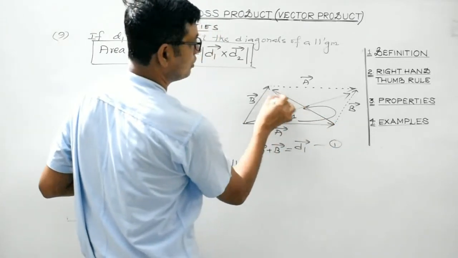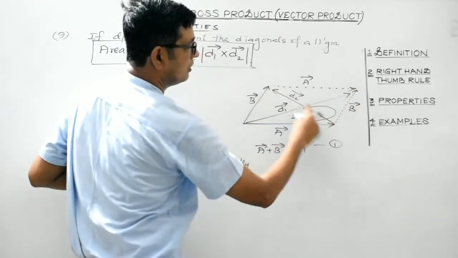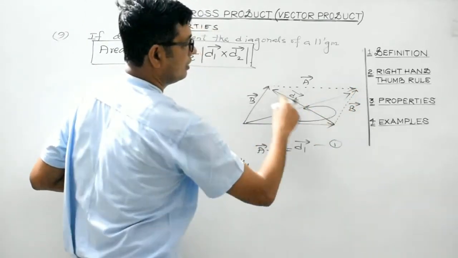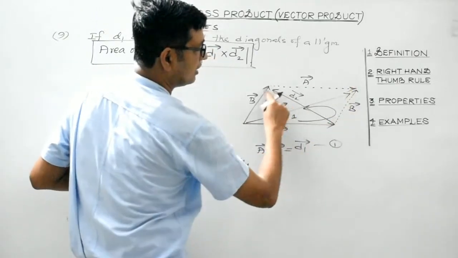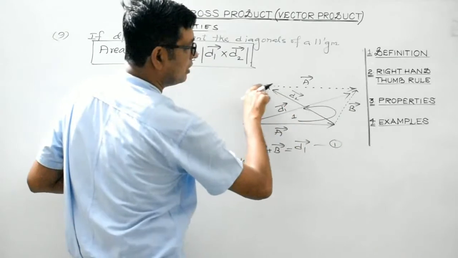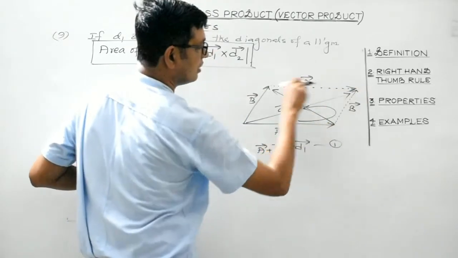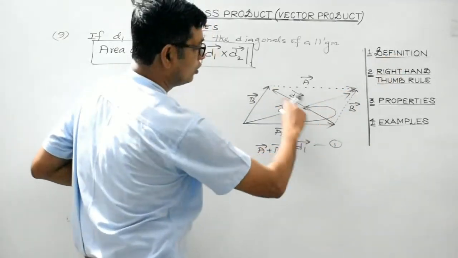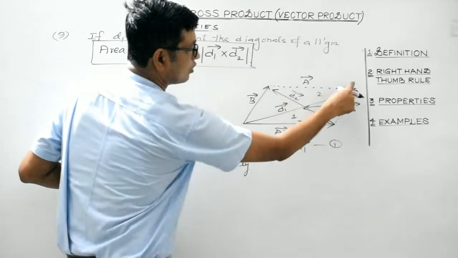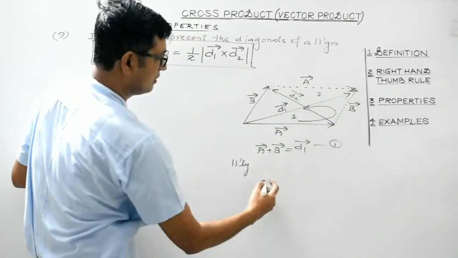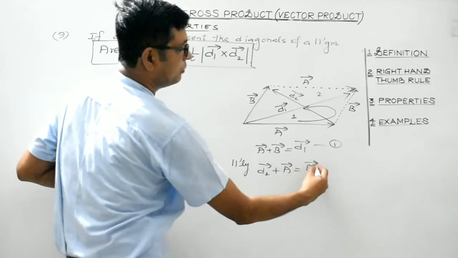Similarly, in this triangle, suppose this is D2 vector. Consider this triangle. Over here, these are the two sides of the triangle taken in the same order, D2 vector plus A vector. A vector is from left to right. So in triangle 2, what we get is d2 vector plus a vector is equal to b vector.